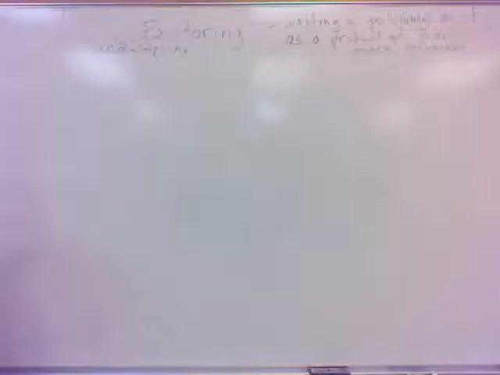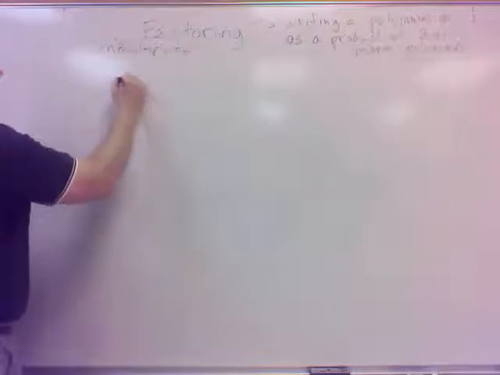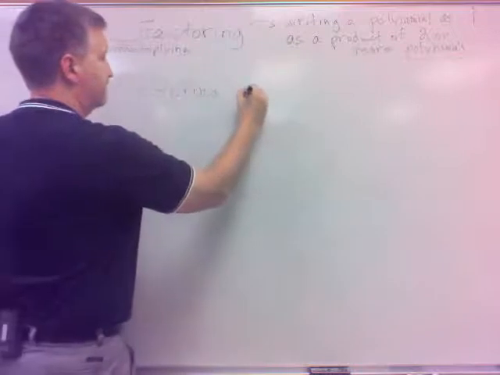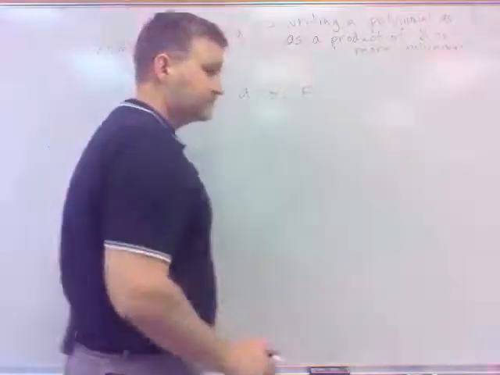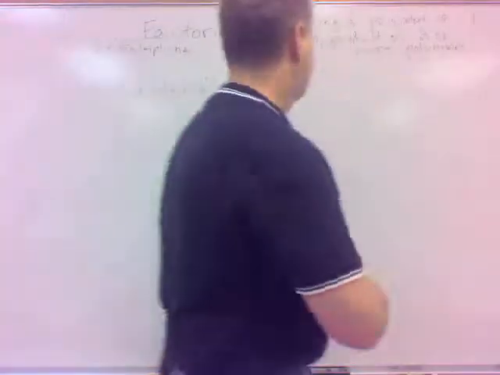We don't call them those, but we are going to do different types of factoring. So type 1 of factoring is factoring a GCF. Which is going to stand for, any thoughts on that? GCF, greatest common factor.